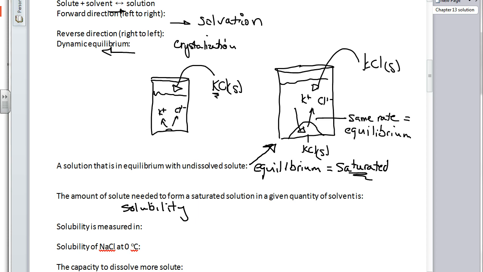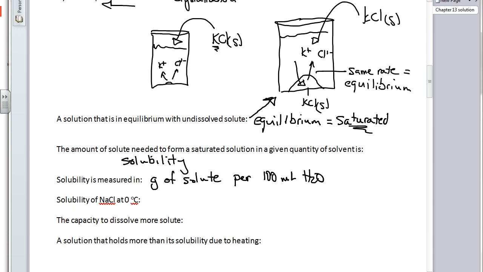Solubility is typically measured in grams of solute per 100 milliliters of water. So oftentimes you'll see solubility given in grams per milliliter of water. An example would be sodium chloride. The solubility of sodium chloride is about 35.9 grams in 100 milliliters of water, and that's at 0 degrees Celsius.